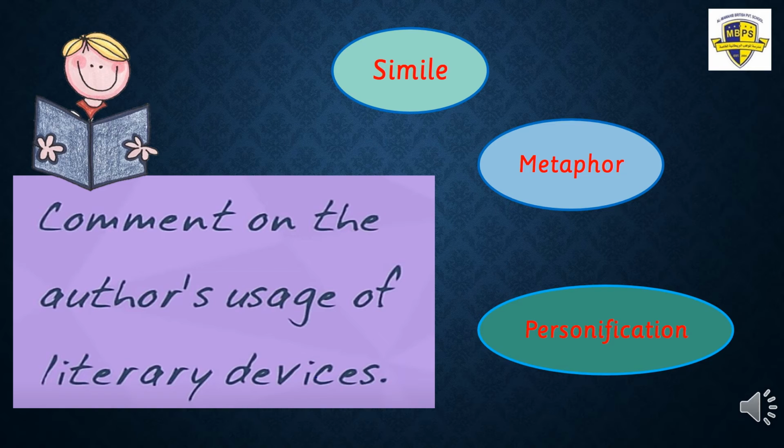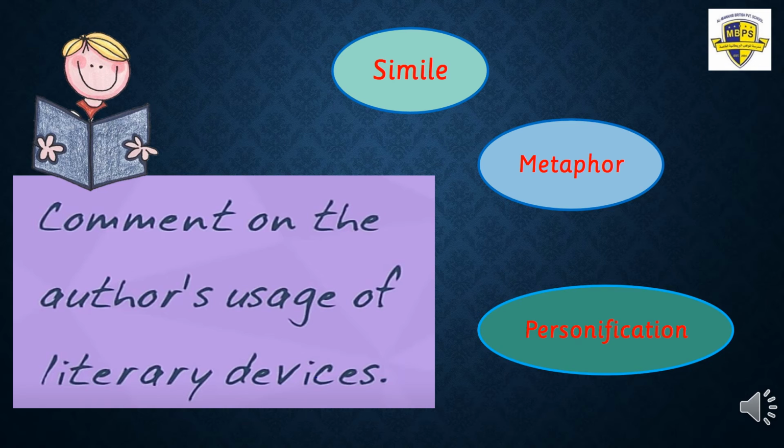Another thing that you can annotate in a text is to give your comments on the author's usage of literary devices. Now, what does this mean? This means that while you are reading a text, you are going to highlight the language the author has used in the text.